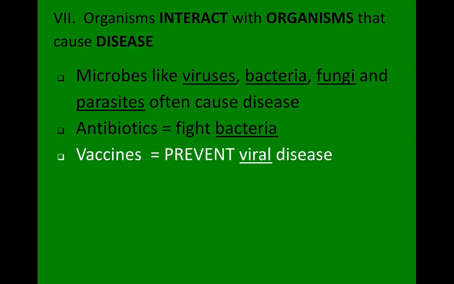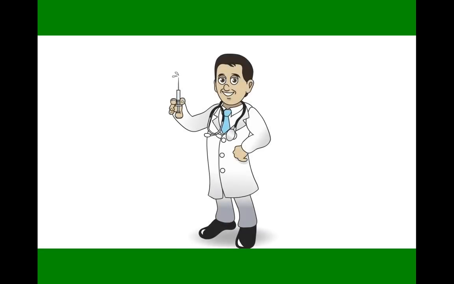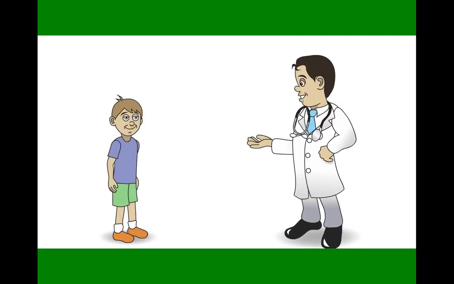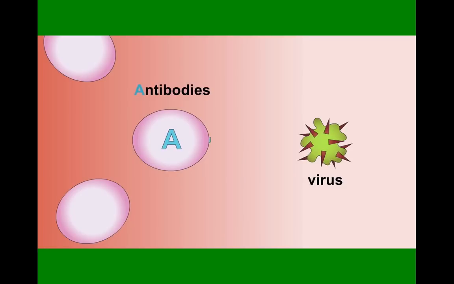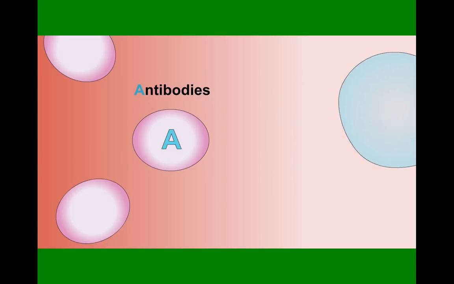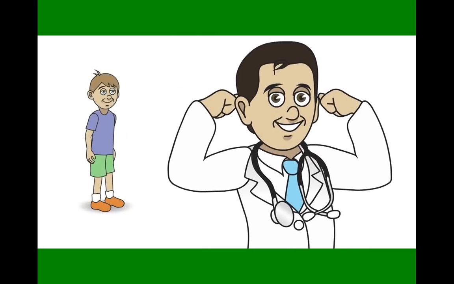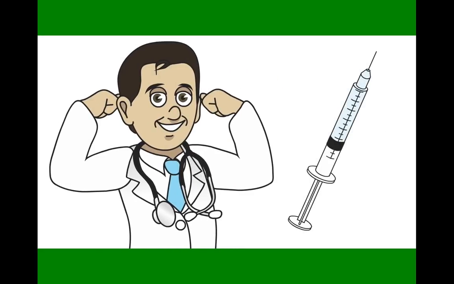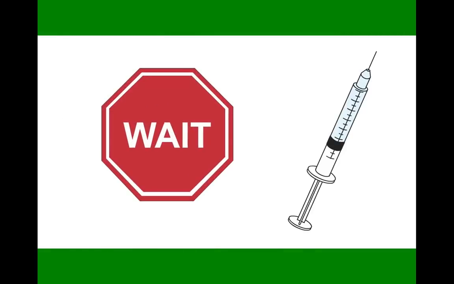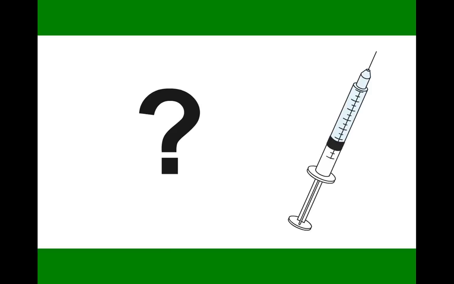Here's a little additional information about vaccines. With flu season in full swing, let's take a minute and talk about vaccines. All it takes is one sneeze for the virus to get into your body. When your immune system sees the infection, it makes special proteins called antibodies that stick to the surface of the virus and make it easier for white blood cells to find and destroy. Once you have antibodies, you're immune and can't get sick again from the same infection. So what about vaccines? Vaccines work the same way, except now the virus is injected into you with a needle. Wait a minute. Vaccines contain viruses?